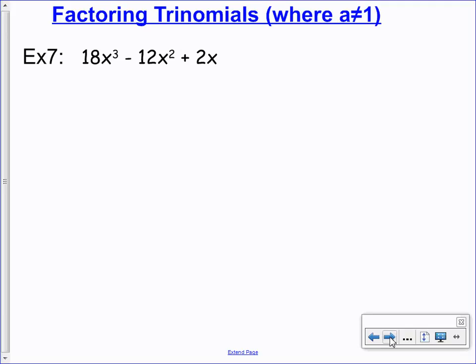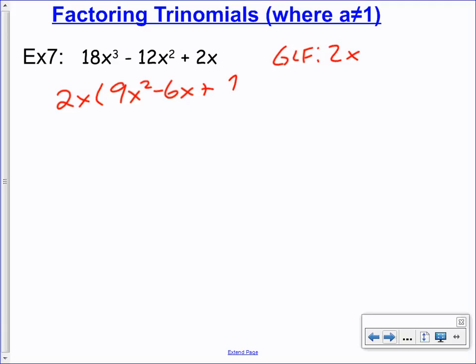Okay. GCF. 2 what? Now here's the trick. Everything else is pretty easy to see. When you take out 2x, you get 9x squared minus 6x plus whatever is left over. A lot of people say that's 0. And no, it's not.